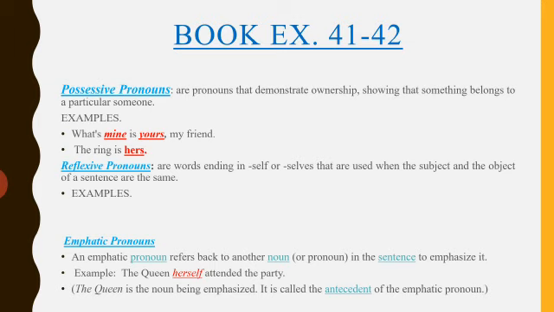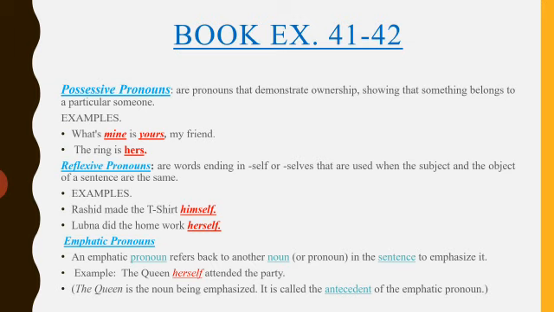Then the reflexive pronoun, a word ending in self or selves that is used when the subject and the object of the sentence are the same. For example, Rashid made the t-shirt himself and Lubna did the homework herself.